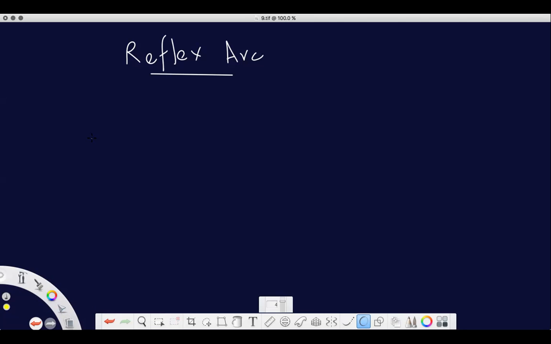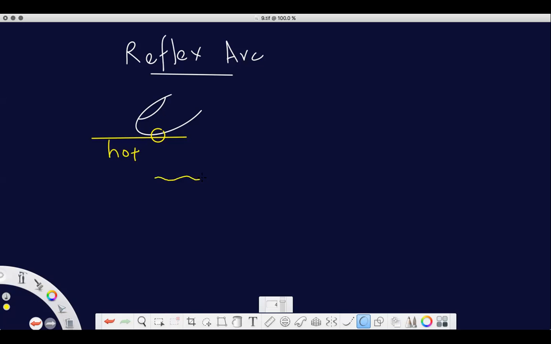Okay, then we're going to see how this really works, right? Let's assume this one is a really hot surface, and when we touch with our finger, what is really going to happen at this junction? So let's slightly enlarge the skin.